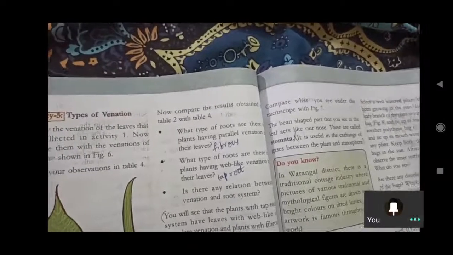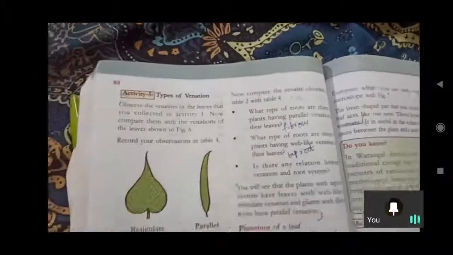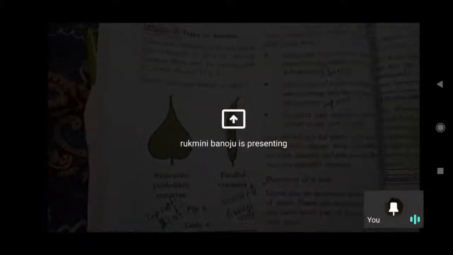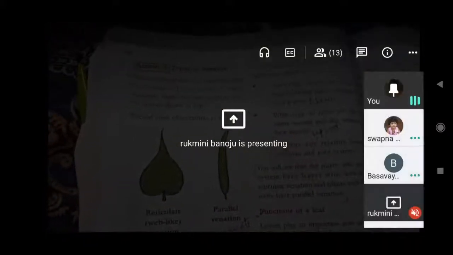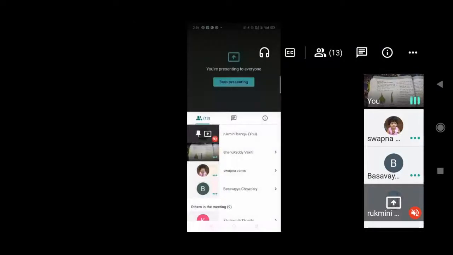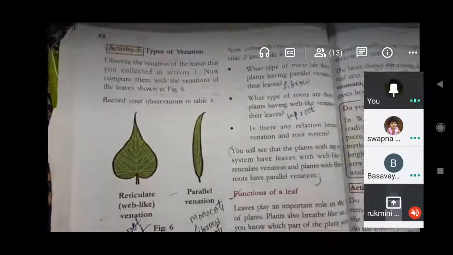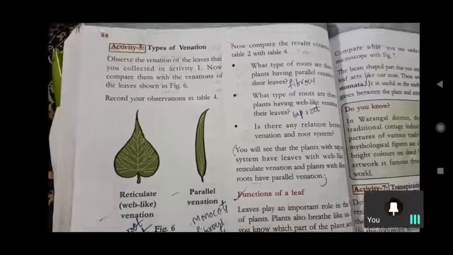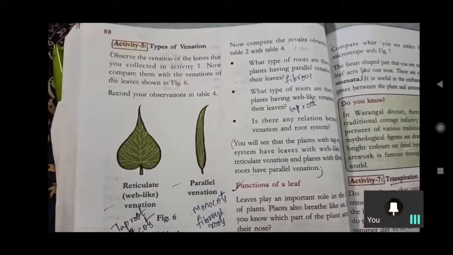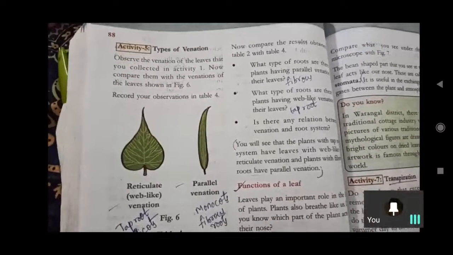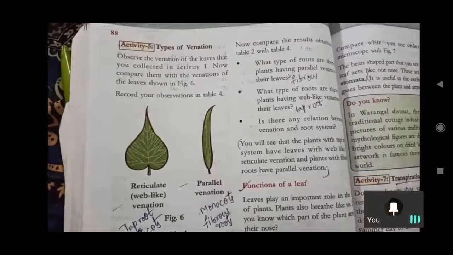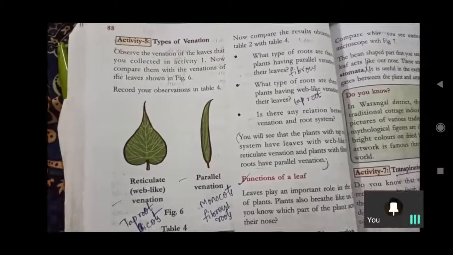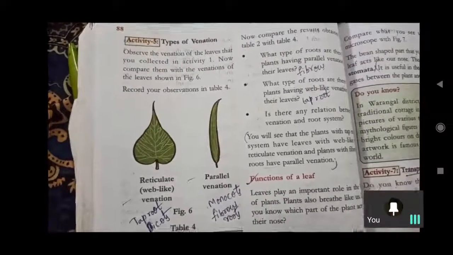Yes, fibrous roots are present with this type of venation. Venation and the roots have a relation with each other. They are both related to each other. Plants containing taproots have leaves with reticular web venation.